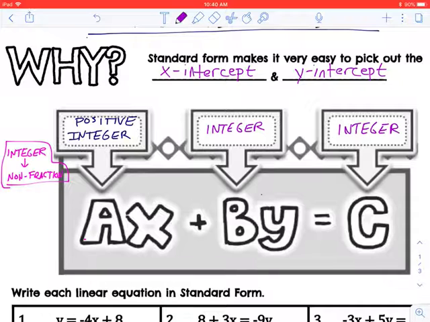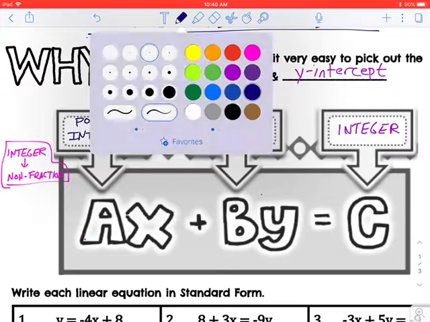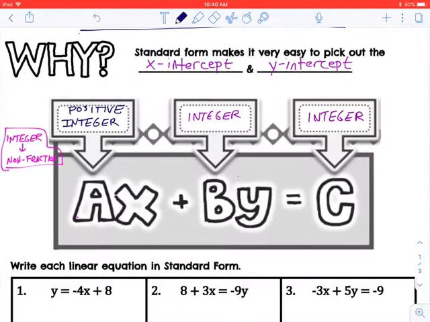So no fractions are allowed in standard form. So to get it into standard form, we might have to subtract, we might have to add some things, and we might have to change some signs, and in some cases, we might have to get rid of fractions. Okay? So let's look at a few examples here.